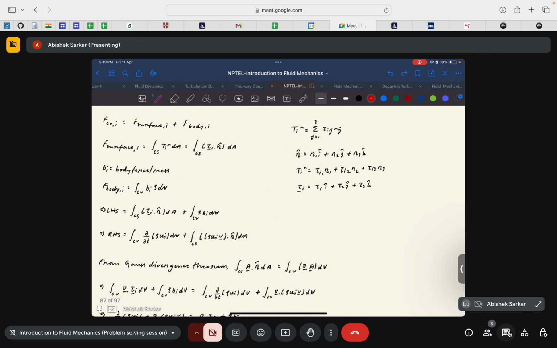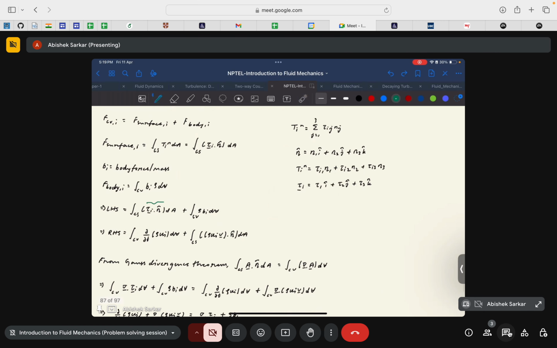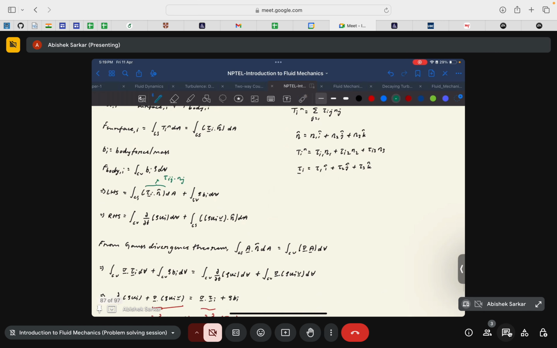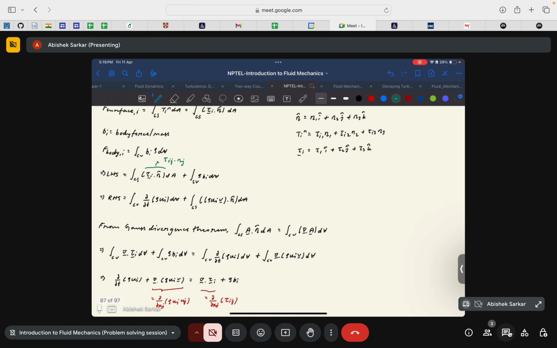So if I write it here, it's basically the same thing, which we'll eventually see. So we are trying to present this in terms of a vector, just a dot product vector, but it's basically a second order tensor.